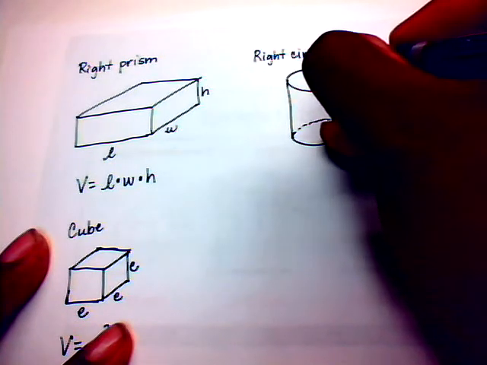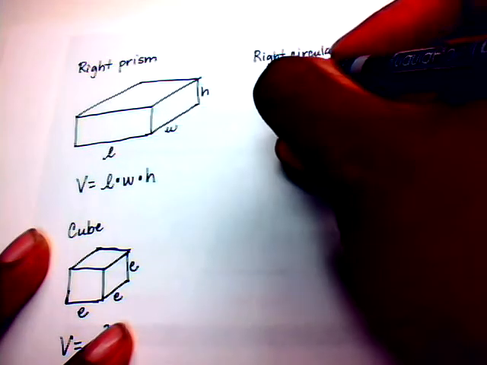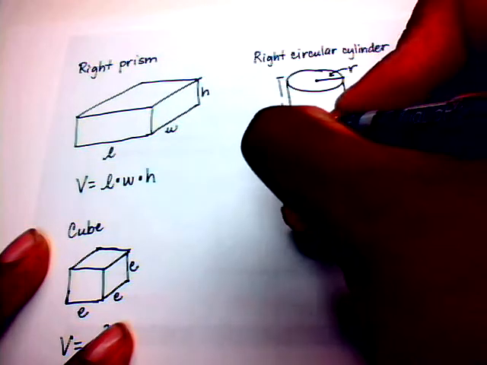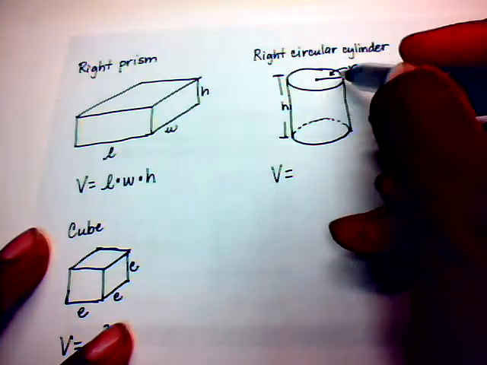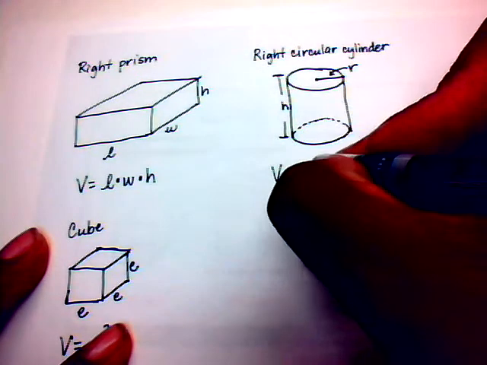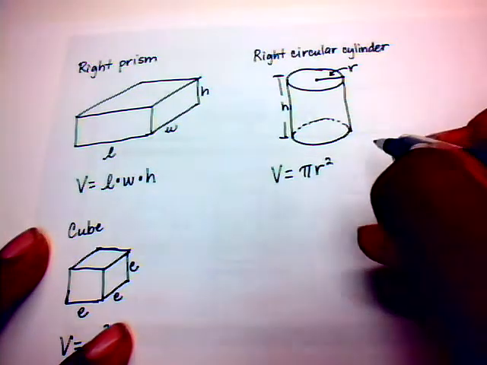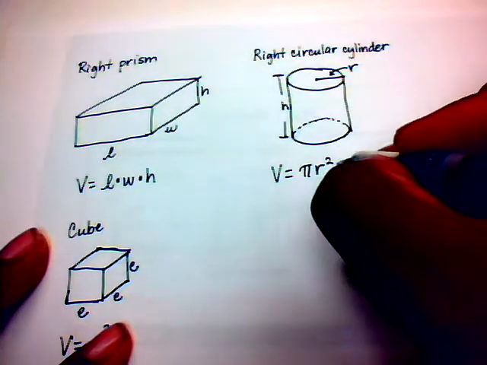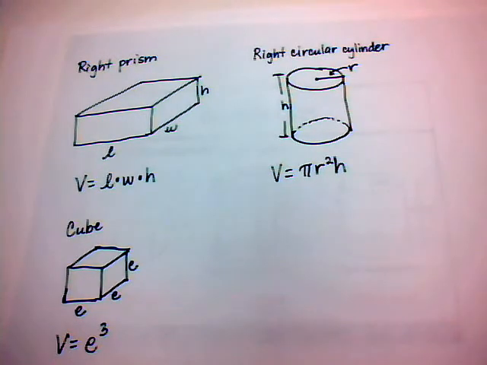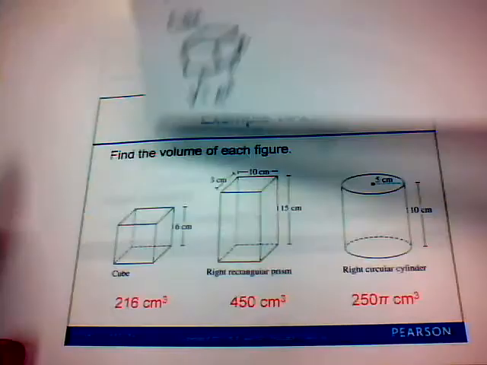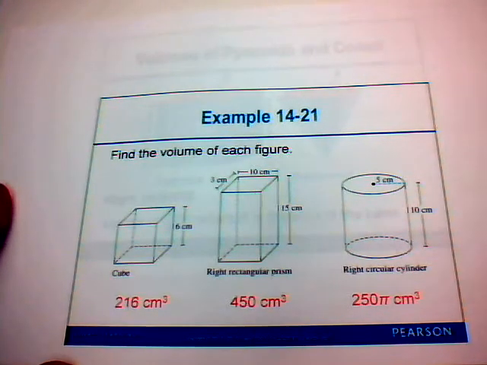And it does have a radius called R and a height which we will call H, going straight up and down. The volume for that is going to be this. The volume of the base, which is a circle, the area of the circle is pi r squared, and then you'll multiply it by the height of that particular cylinder. So here, volume is equal to pi times the radius squared times the height. Okay. Now we're going to look at these examples that are related to those formulas.